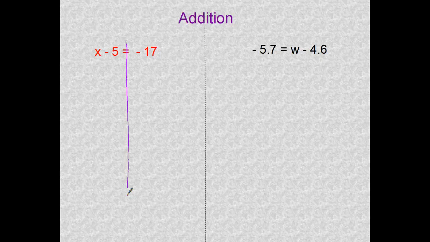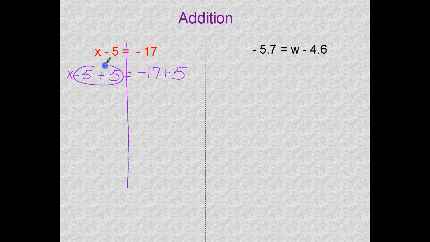So the inverse or opposite of subtracting 5 is adding 5. And if I add 5 to the left side, I'm also going to add 5 to the right, and that balances out the equation.